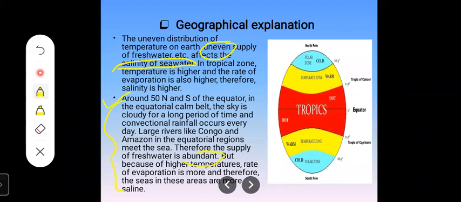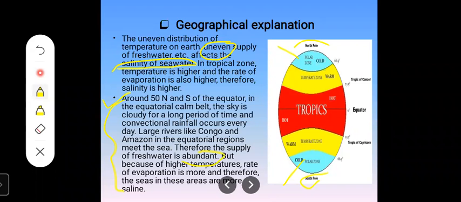See here, the polar zone you can see, and the temperate zone here you can see. Now in these two polar zones, towards the north and towards the south, there is a cold region. That's why in the polar areas, students, we should know that the temperatures are very low.